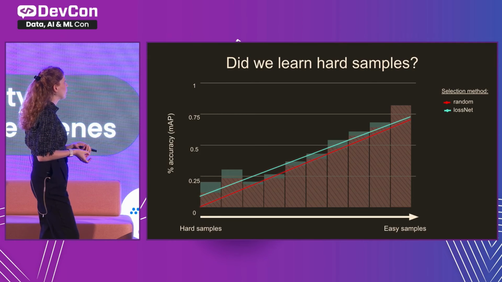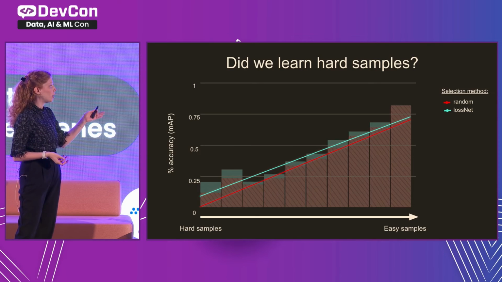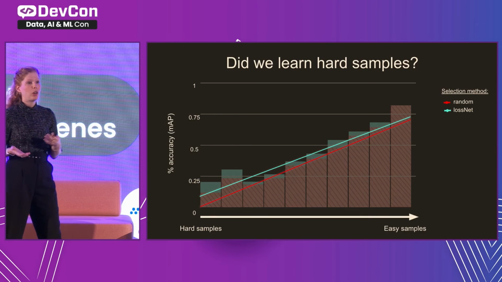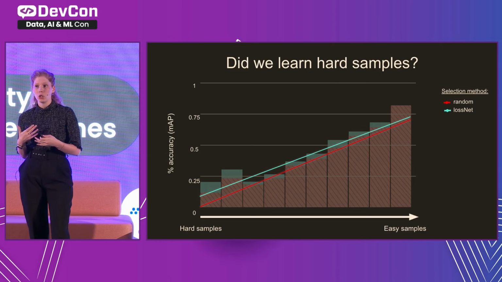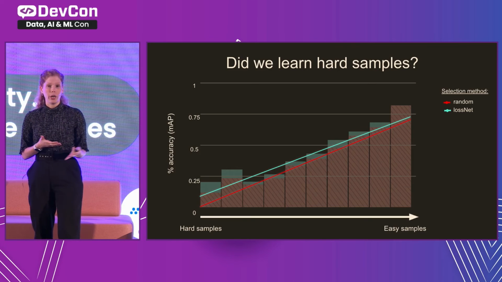What we see here, the y-axis is the accuracy of our network, and the x-axis goes from hard samples to easy samples. The red line and red bins represent random sampling, and the blue line and bins represent wisely sampling using the loss prediction network. What we can see here, first, as expected, is that easy samples get higher accuracy than hard samples.